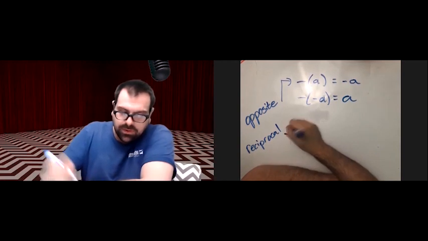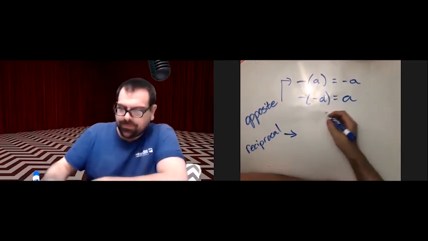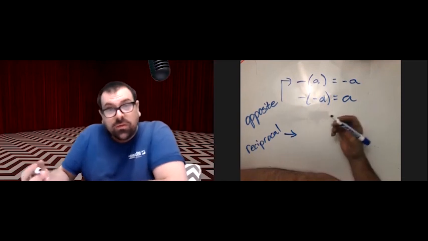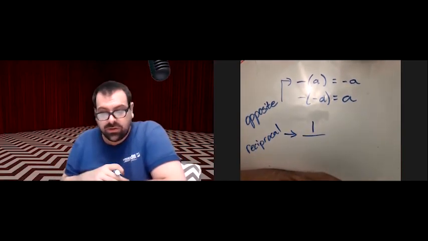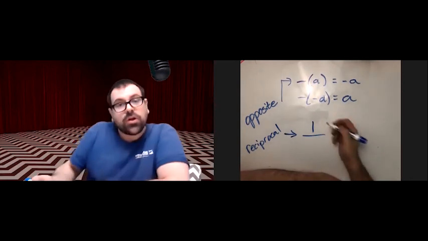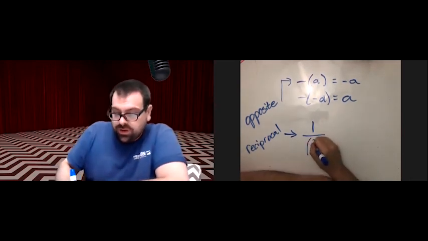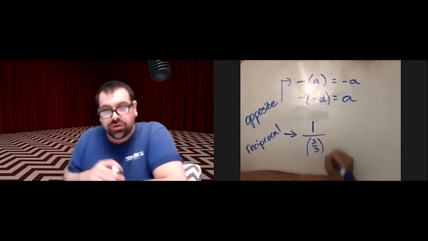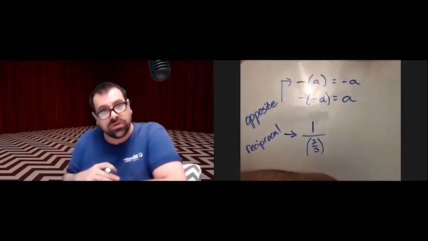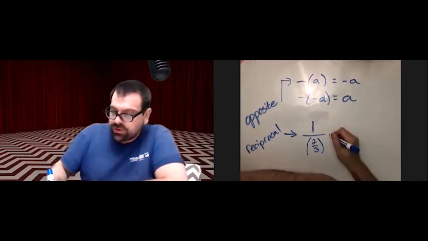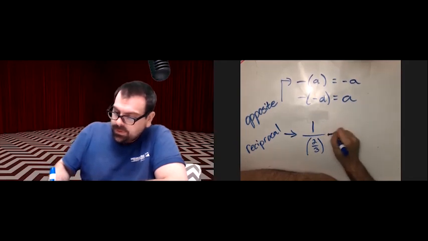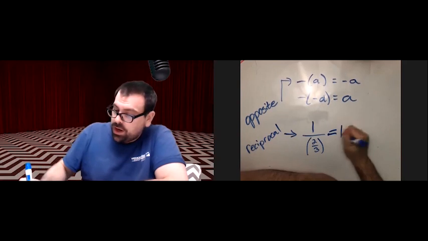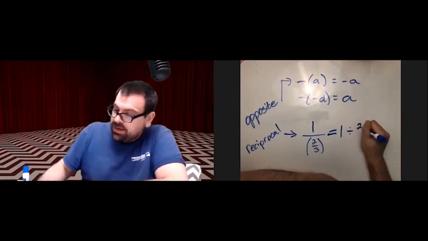Reciprocal would be 1 over. So the reciprocal of 2/3 would be 1 over 2/3. 1 over 2/3 equals 1 divided by 2/3.